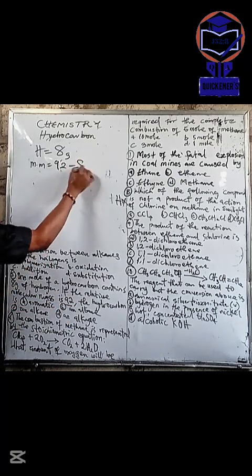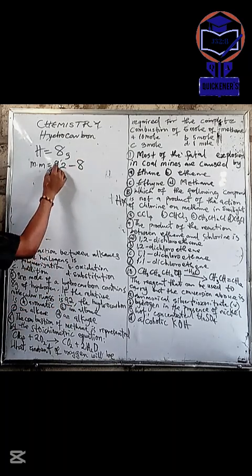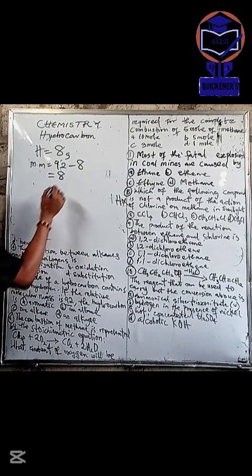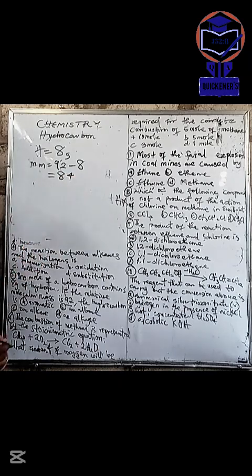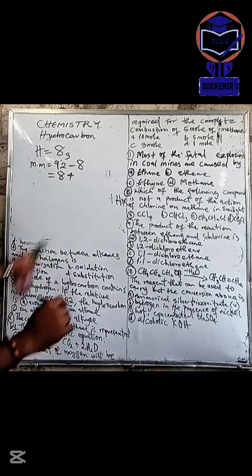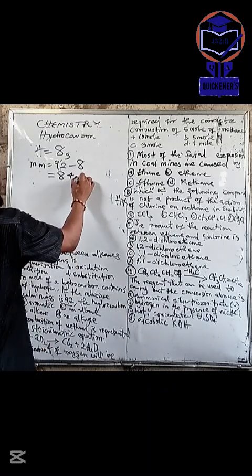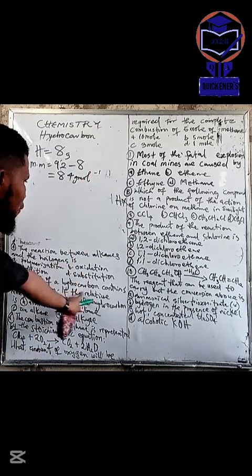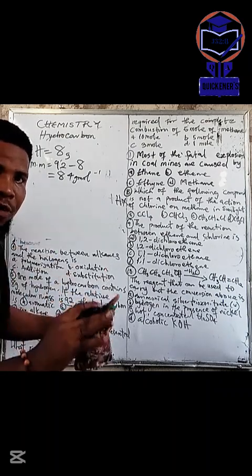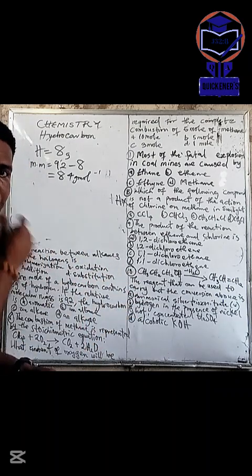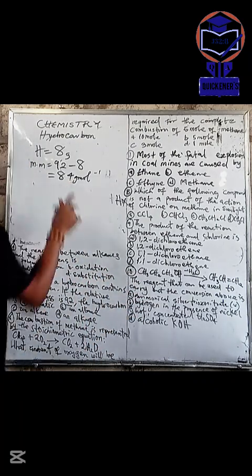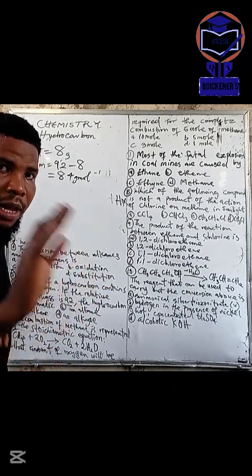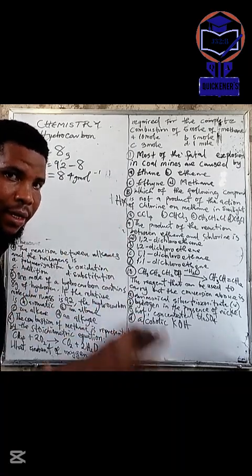So when you remove your hydrogen, how many remain? That would be 84, right? Good. So what now? This 84 gram per mole, because of the word hydrocarbon, and hydrocarbon means hydrogen and carbon, it means that the 84 gram per mole is only the mass of the remaining carbon.